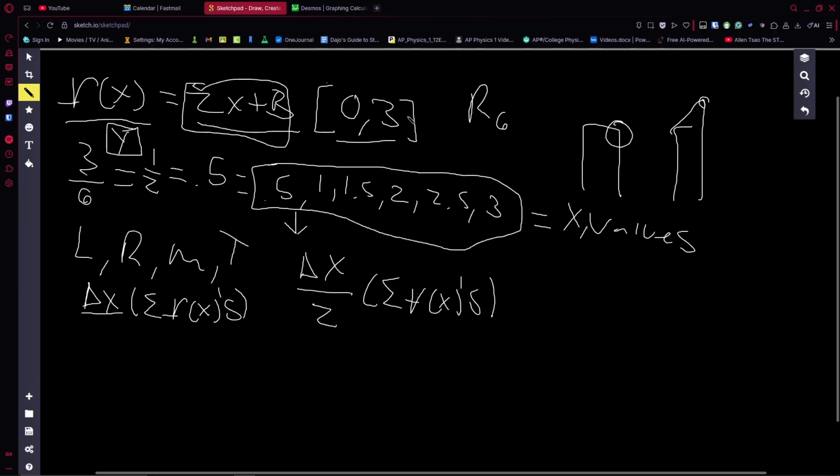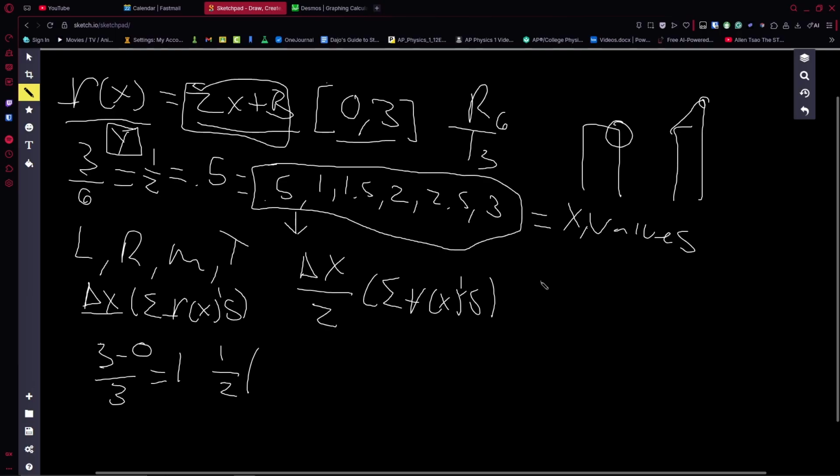Now trapezoids, they work like this. All right, and on the interval 0 to 3, let's just find our change in x. Say we want the trapezoidal sum 3. So the trapezoidal Riemann sum 3 is going to be 3 minus 0 over 3 equals 1, and then we have 1 over 2 times our sums of functions. What are the x values going to be?